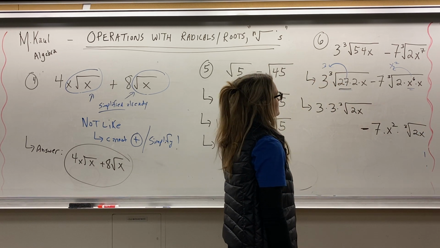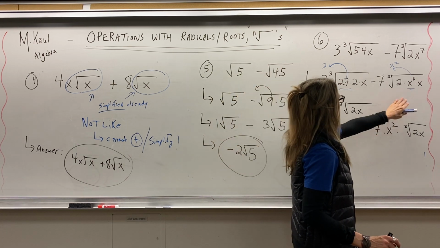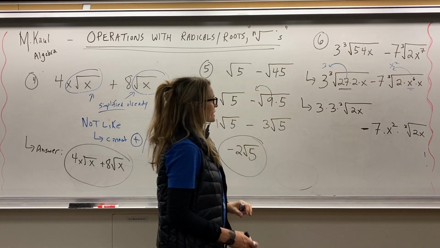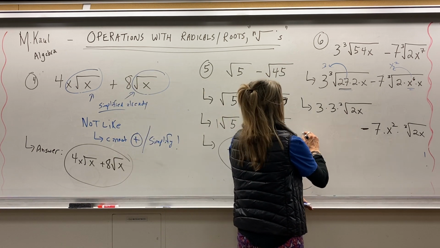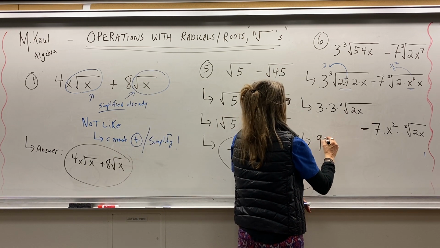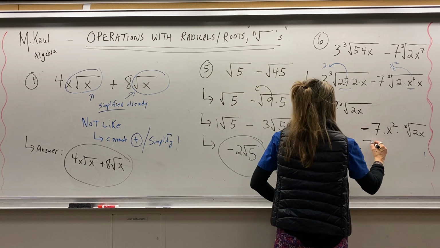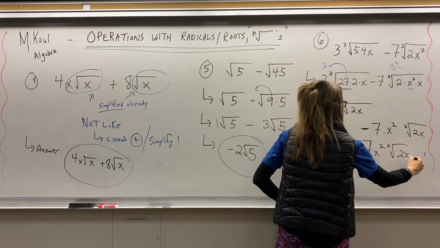Is that correct? Okay, yeah, looks like this works. So it looks like I got my radicals simplified. Next step is I'm just going to clean this up a little bit. This becomes 9, the cube root of 2x, minus 7x squared, cube root of 2x.